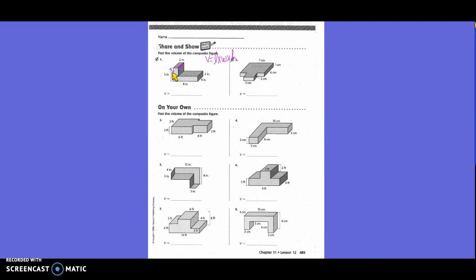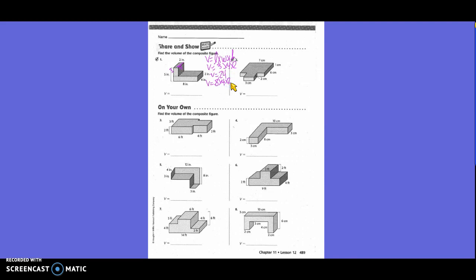So for our first one, it would be V equals 3 times 4 times 2, right? What would that be? So volume equals 24. And then our next one, it'd be 8 by 4 by 2, right? So volume equals 8 times 4 times 2.